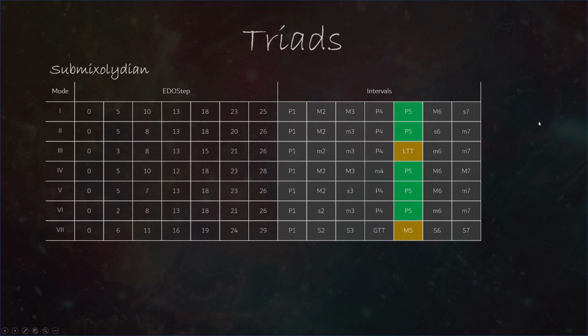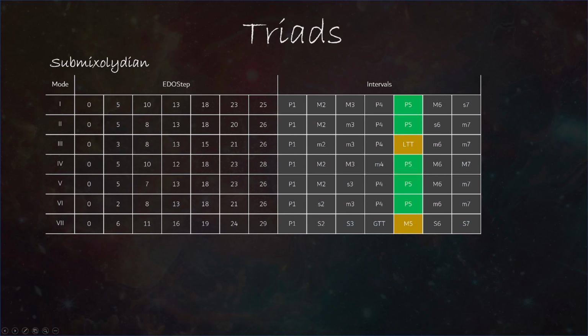Next we'll map out what triads we have in submixolydian. On the first scale degree, we have a major third and a perfect fifth. So the first chord is a major chord. On the second scale degree, we have a minor third above it and then a perfect fifth. So we have a minor chord. On the third scale degree, we have a minor third and then the lesser tritone above it.